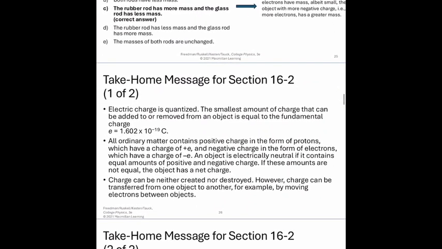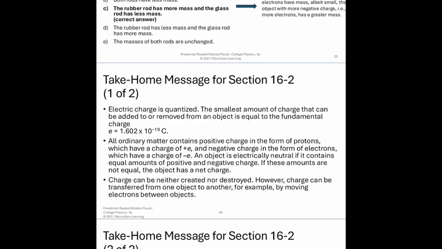Okay, so wrapping up this section, we talked about charge. What is charge? Charge is a property of matter. We say that electrons have negative charge, protons have positive charge. That's completely arbitrary, thanks to Benjamin Franklin. He's the one that decided that, but that's okay. We're going to stick with it. Charge is quantized, meaning anything that has the property of charge is an integer multiple of e.